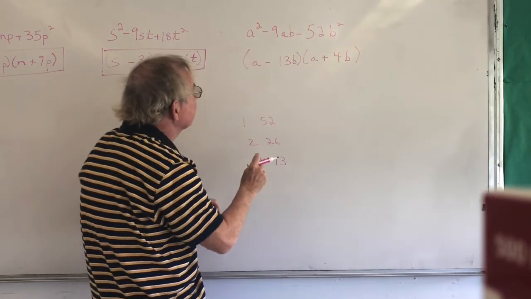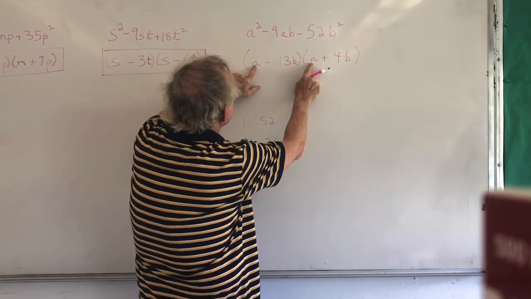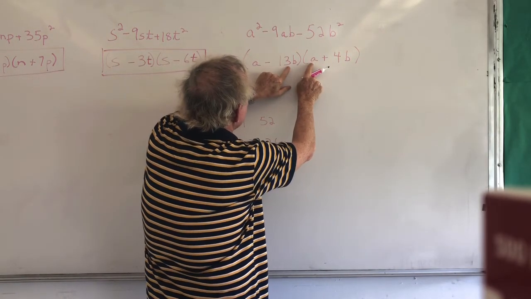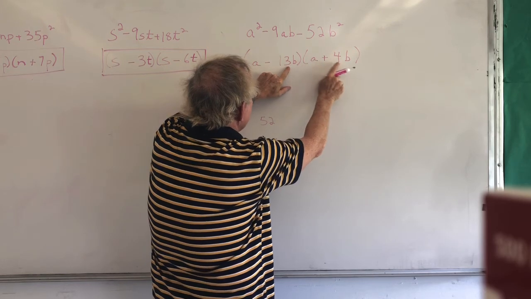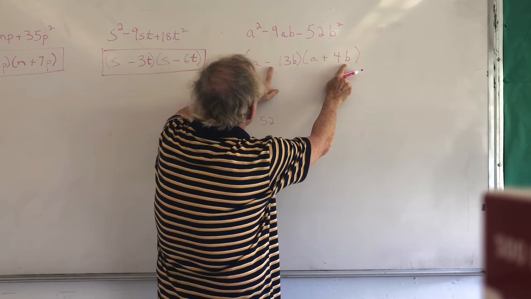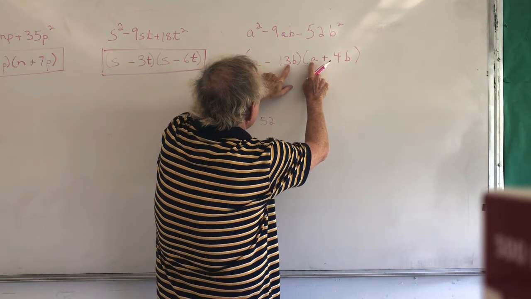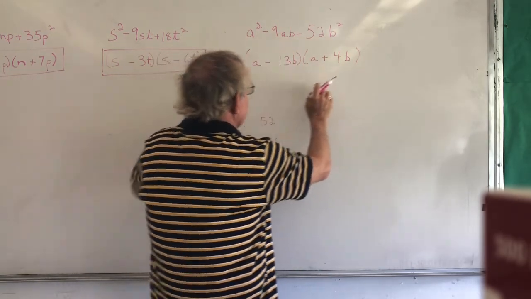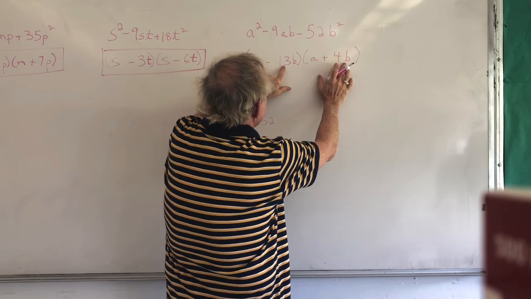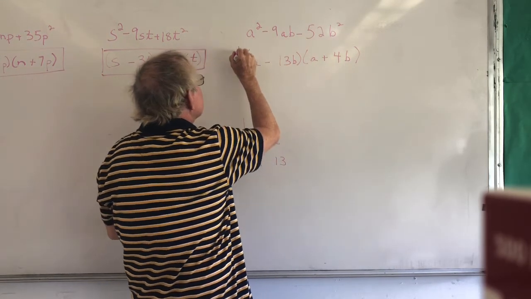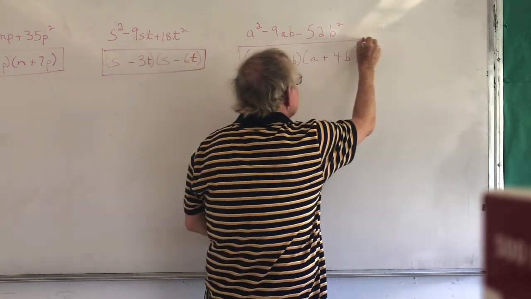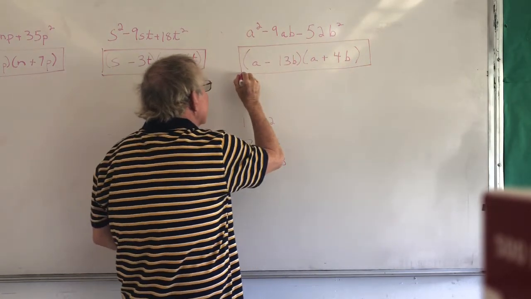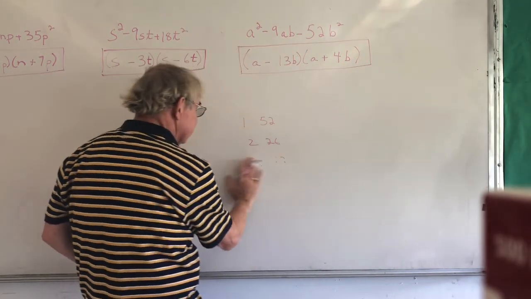Now let's check. a squared minus 13ab plus 4ab. Well, negative 13 plus 4 is negative 9. And then the last term is negative 52b squared. So there is our last example for today.